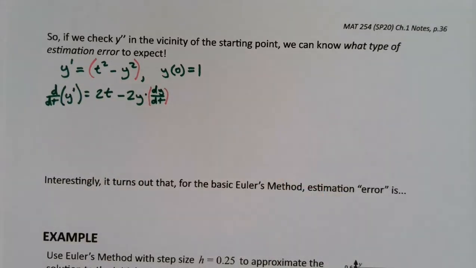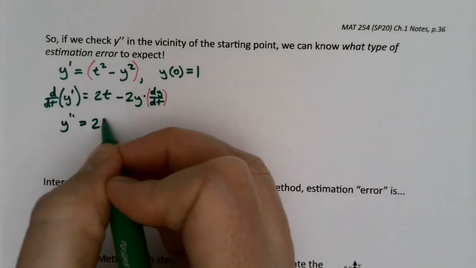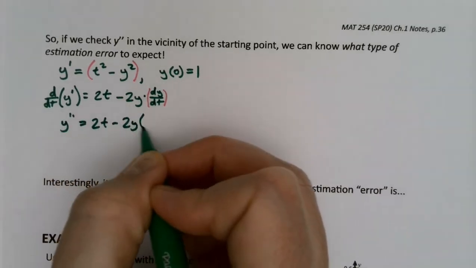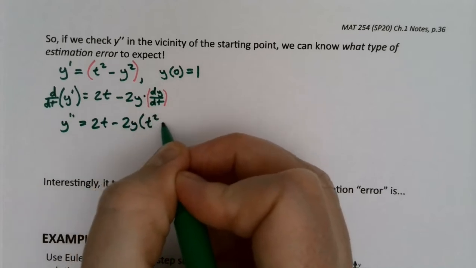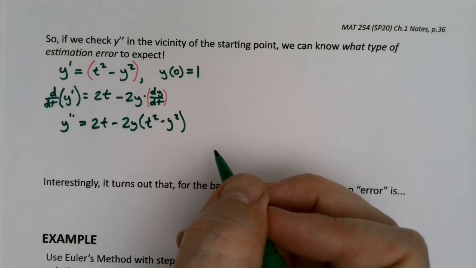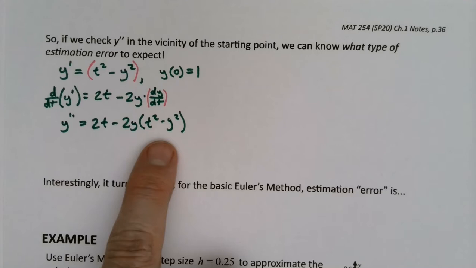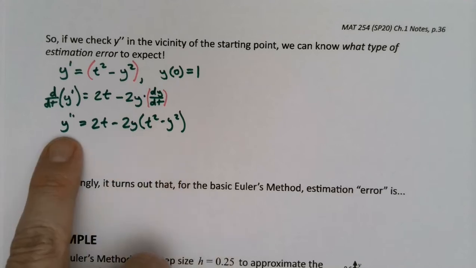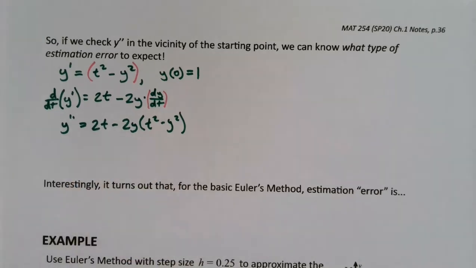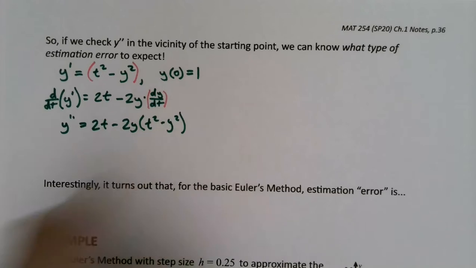So on our next line, all I have to do is write down y double prime is equal to 2t minus 2y times (t squared minus y squared). And with a little bit of manipulation, you can see that this is now a function of t and y, but it's our second derivative. So what we're interested in is what's going on near the t value of 0 and the y value of 1.